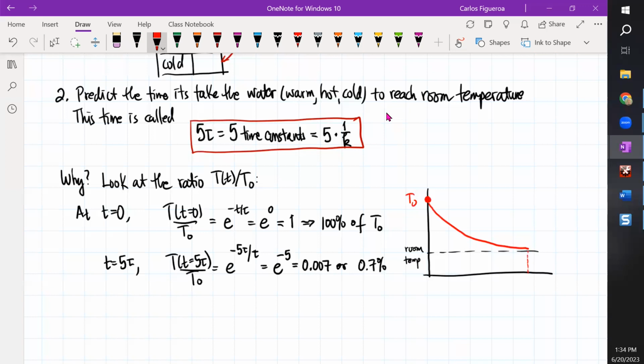So this is the 5 tau that tells us how quickly you get to room temperature approximately.